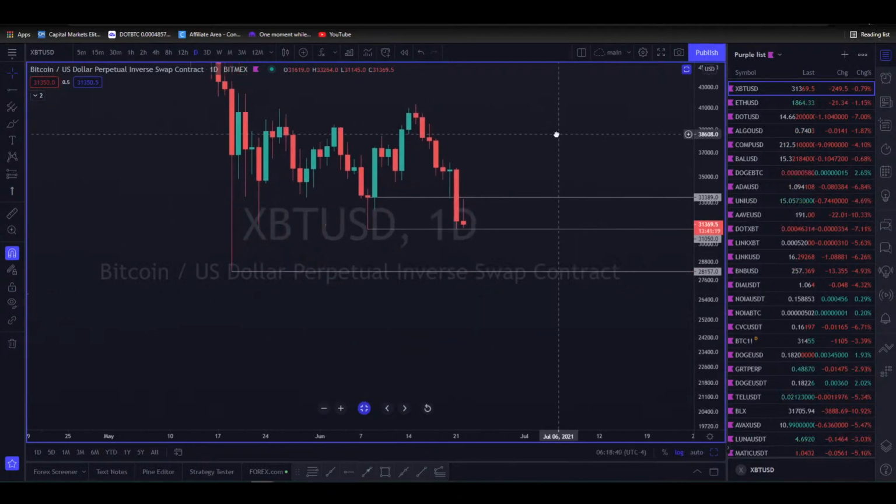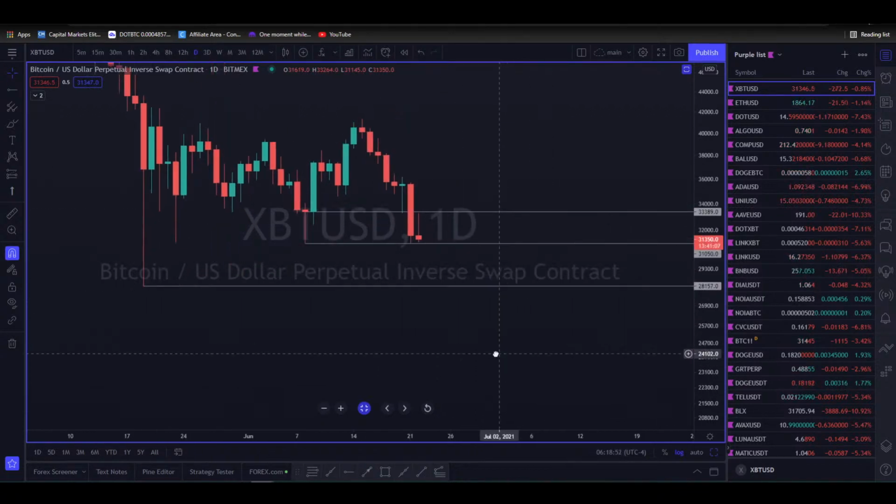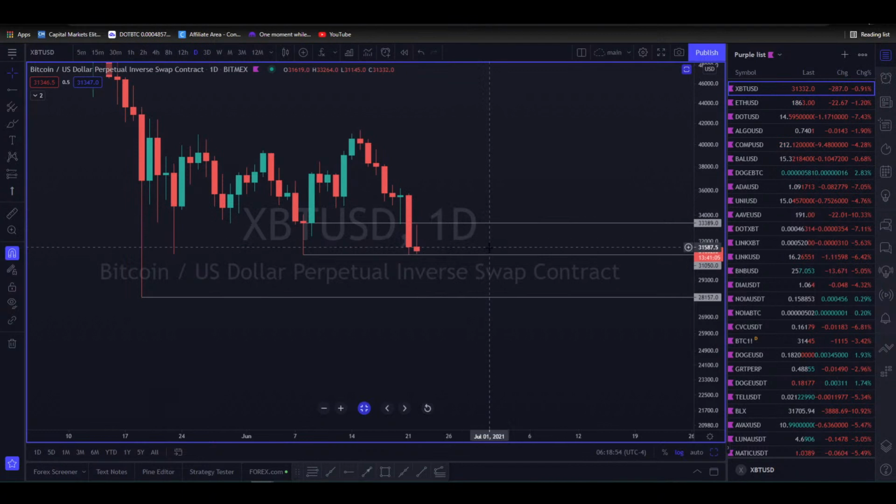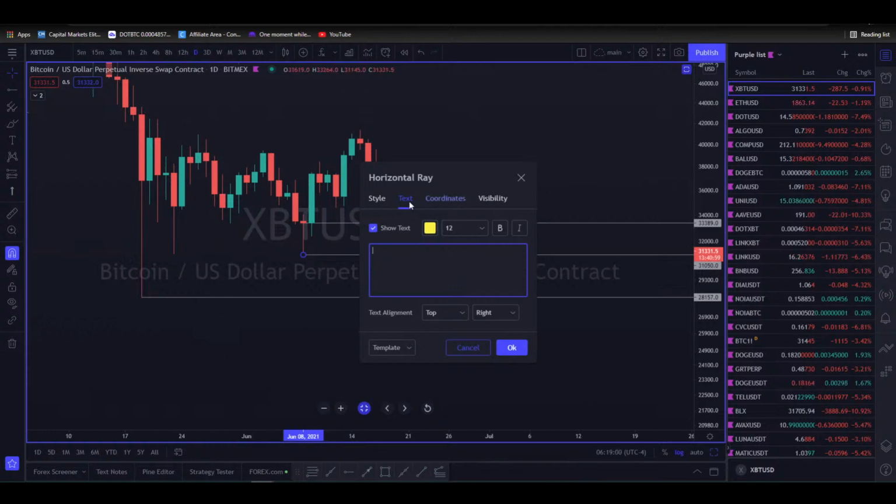Obviously, you can do whatever you want, but I like to just keep a couple lines on my chart. Obviously, it looks a lot nicer and cleaner. Makes it a little bit easier to say, hey, what was this level? And also, if you're very, very new at TradingView, if you click on the line, it'll bring up this options panel here. Click on settings, go into text, and you can write what it is, like wick low.